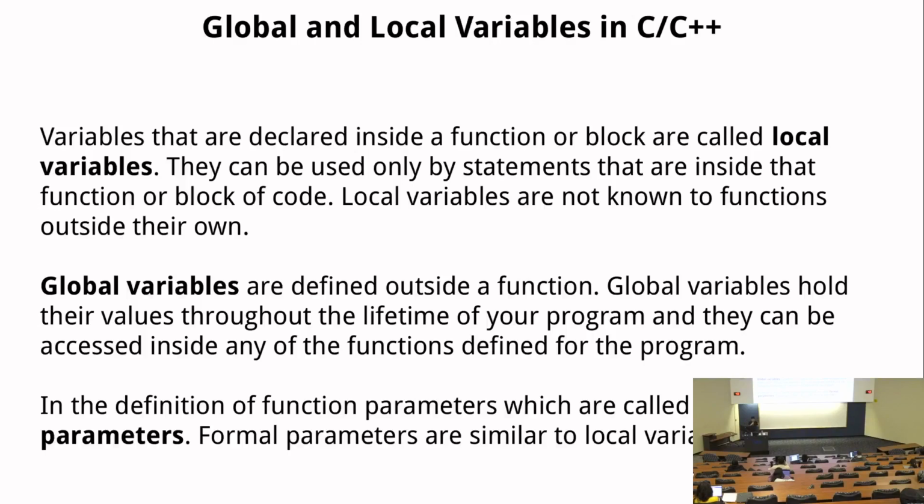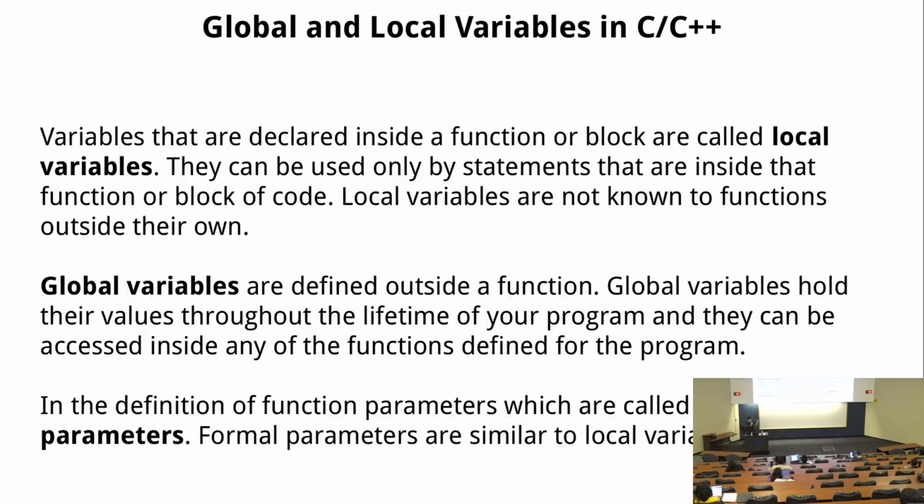So let's start with some simple things. Firstly, global and local variables. Global variables in C are defined outside of any function, and they hold their value throughout the lifetime of the program. They can be accessed inside any function or outside of any function. Well, everything will be in the main function anyway, so they can be accessed by any function, basically.